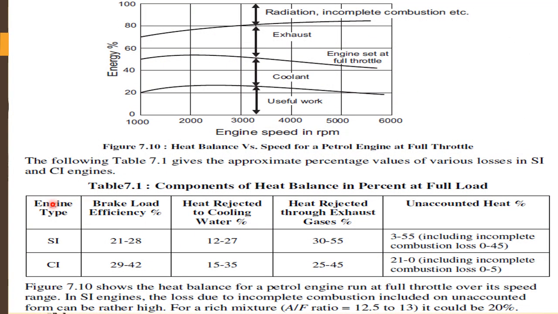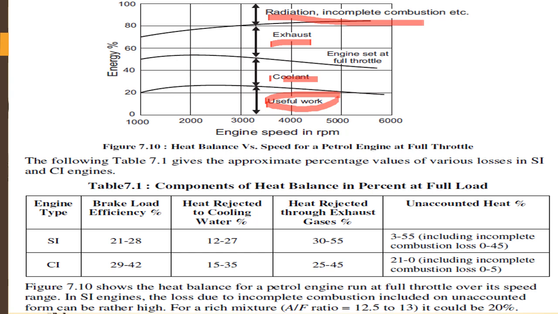You can see here the same thing. If we go to Table 7.1, you can find, in the case of petrol engine and diesel engine, what the useful work is. You can also see heat carried by the coolant, heat carried by the exhaust gases, and unaccounted losses.